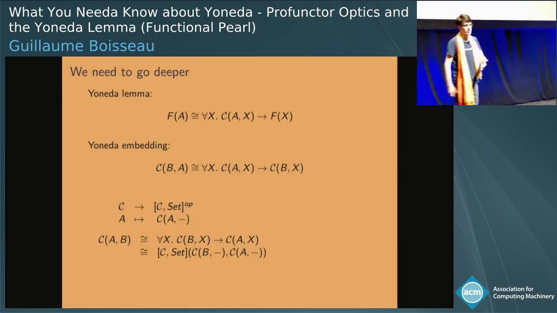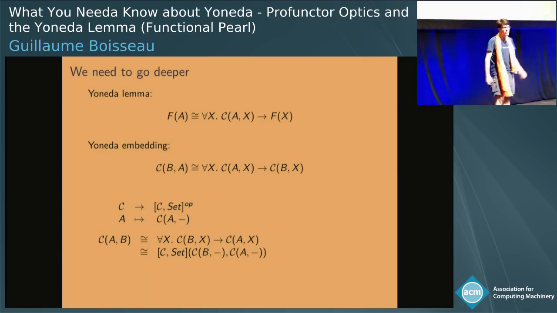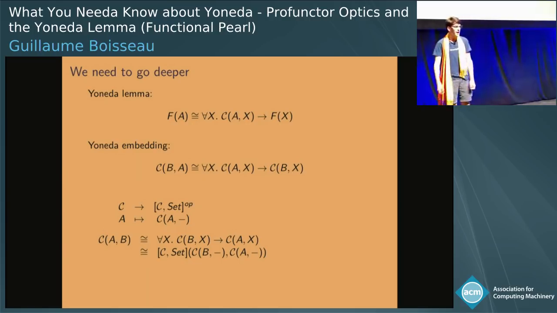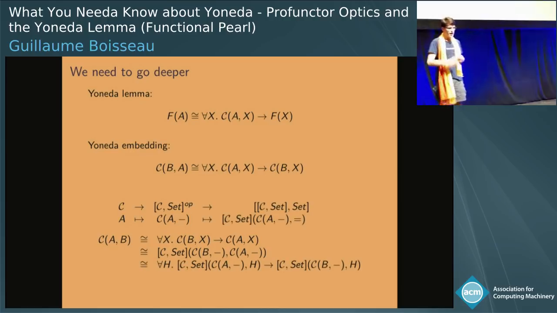And in this functor category, we can see that this map here is simply exactly a map between those two probe functors, if we could call those. And since we have, again, a map in a category, we can apply the Yoneda embedding a second time to go deeper, and we get this quite disgusting looking formula.